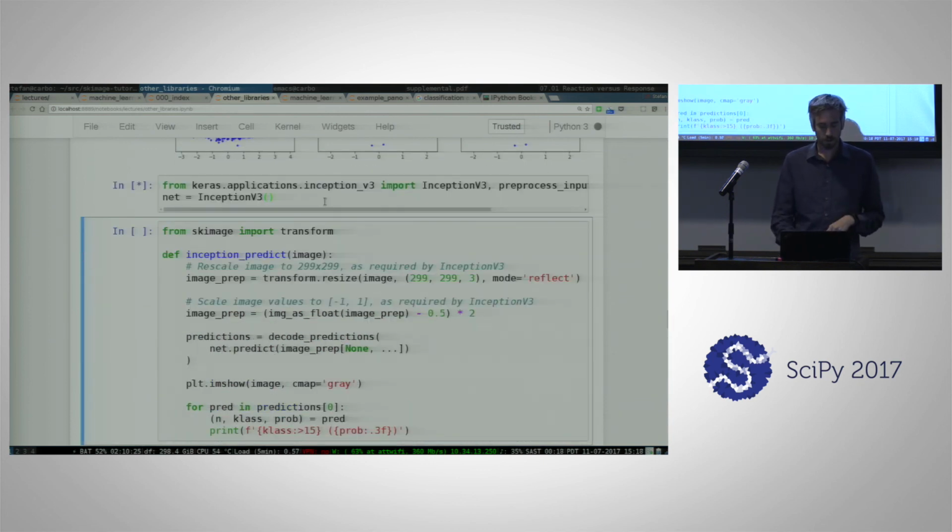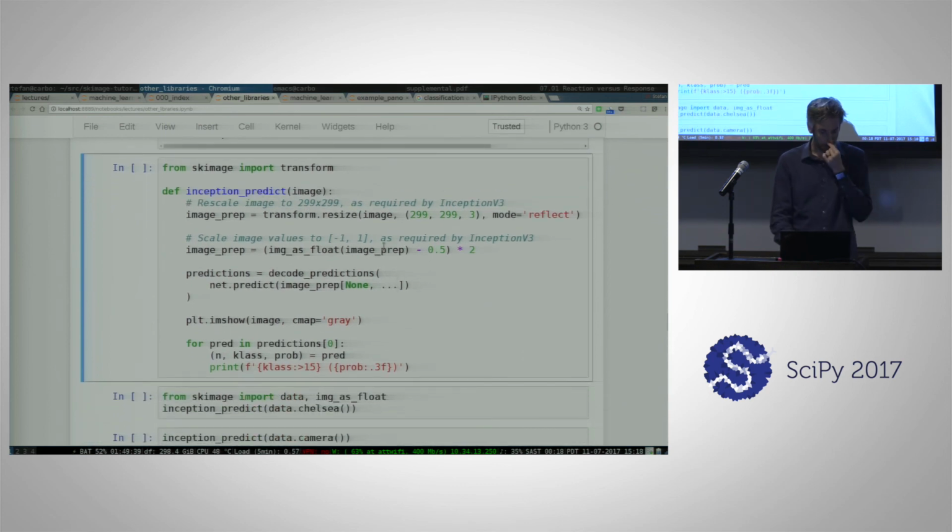So when you run this, it constructs the Inception version 3 network for you. And then you can start feeding images into it. So how do you do that? Well, like I said, many of these networks expect an image of a very specific dimension. In this case, Inception needs a 299 by 299 color image. So 299, 299 by 3. So we take our input image, whatever it is, and resize it using scikit-image's transform.resize to 299, 299, 3.